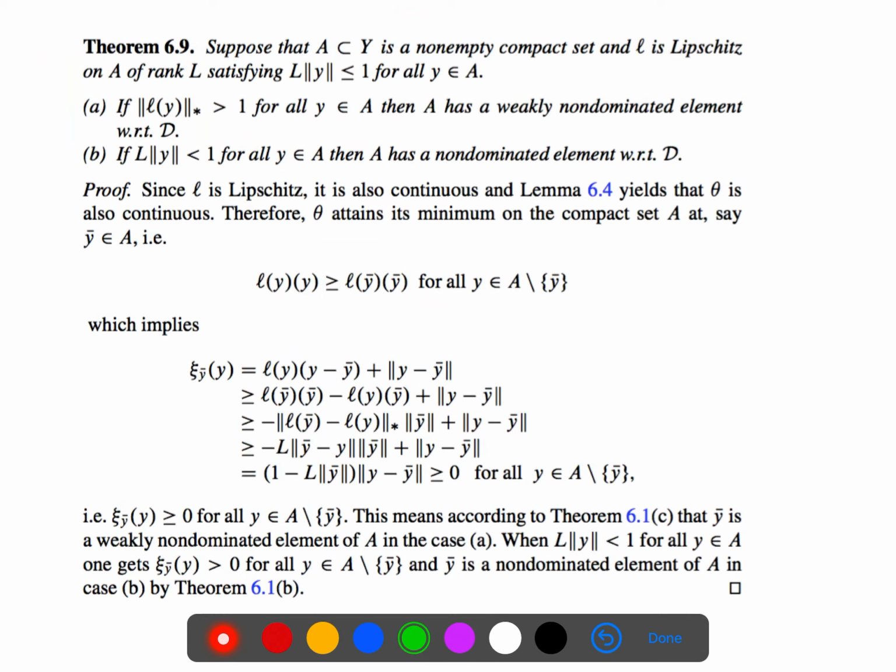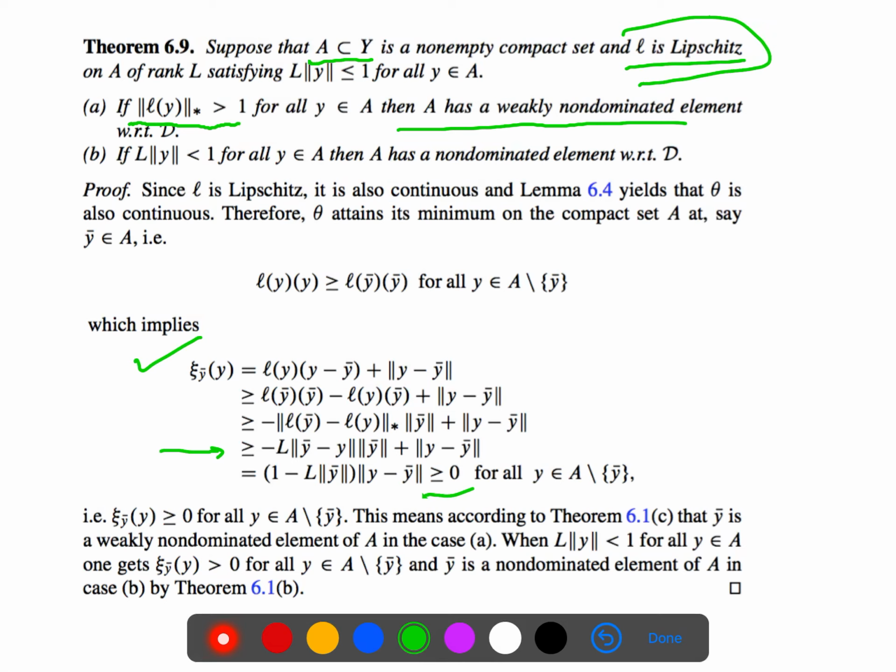So we have, for example, if A is a subset of Y and L is Lipschitz, in this theorem we are using the Lipschitz properties of L. Because if it is Lipschitz, then we can say that if the induced norm of L of Y is greater than 1, then A has a weakly non-dominated element with respect to D. Here we use just the definition of C, and we use the Lipschitz rank of L, and we can see that this is greater than or equal to 0.